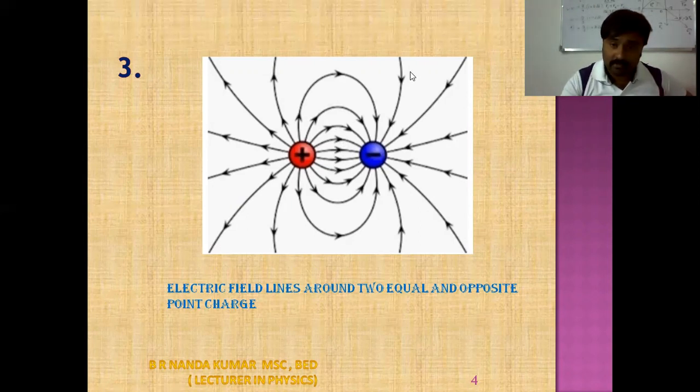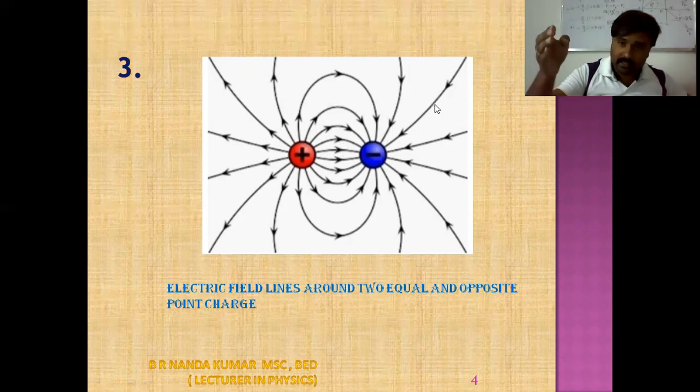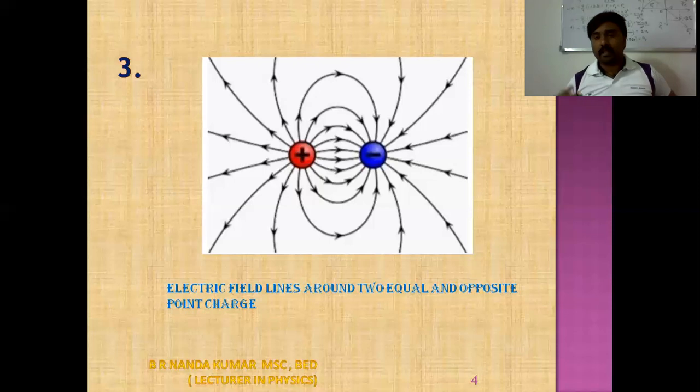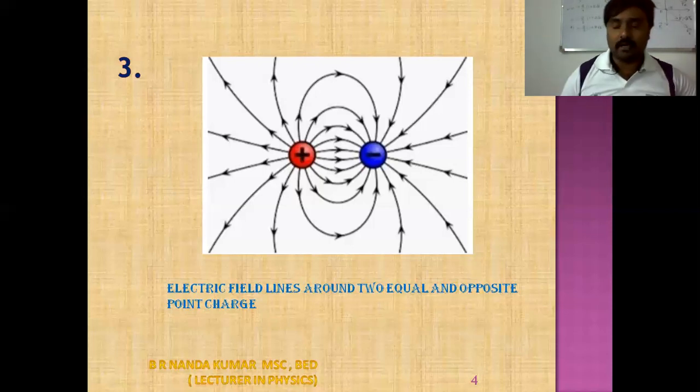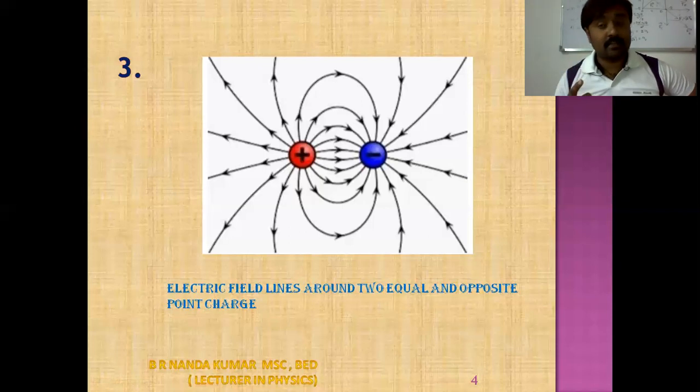Here the electric field strength is weaker. If the electric field lines are spread out or further apart, then the electric field strength is weaker.